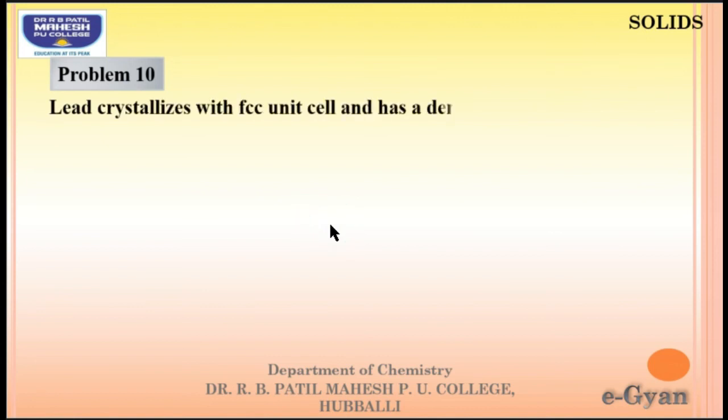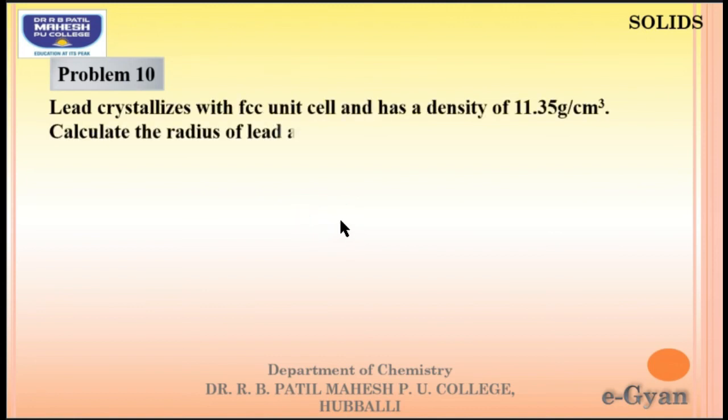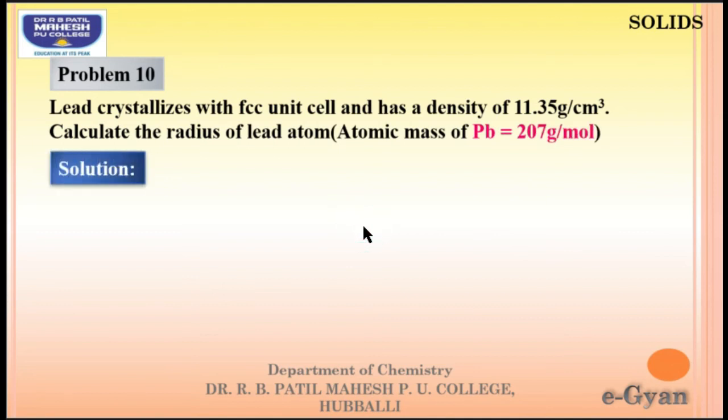Lead crystallizes with face centered unit cell and has a density of 11.35 grams per centimeter cube. Calculate the radius of lead atom. Atomic mass is given as 207 grams per mole. Here they have given FCC, density has been given, and they have asked you to calculate the radius.